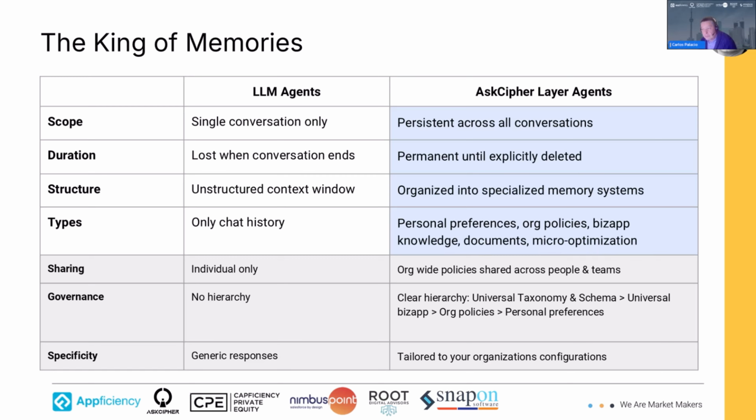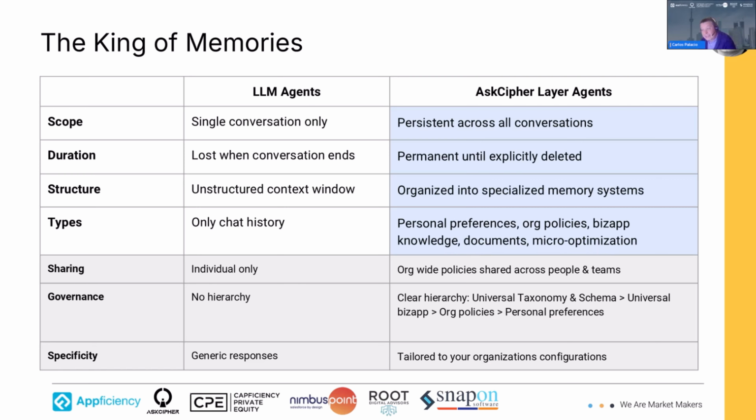That's why policies outrank normal preferences. And we have a universal schema that outranks everything else, because it's the knowledge we have embedded into our AI, how the general industry needs to work, how key parameters need to be fed. So the normal organization doesn't need to worry about that.